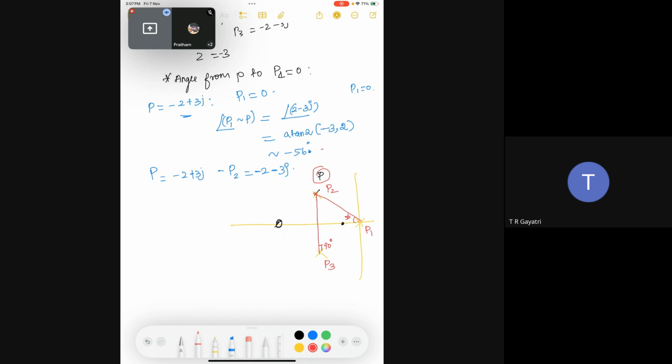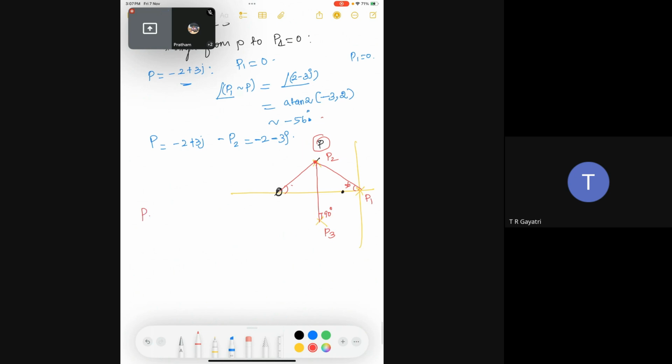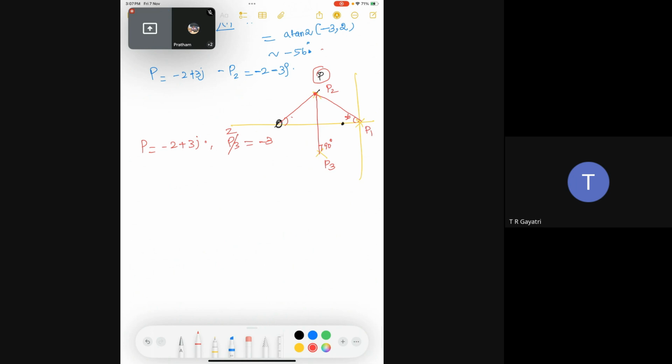Now we have to calculate the angle from P to Z. This is the angle I want to calculate. So the same formula. Now considering P equal to minus 2 plus 3j, and the zero location Z, the angle would be the zero minus P. So not 0, right?